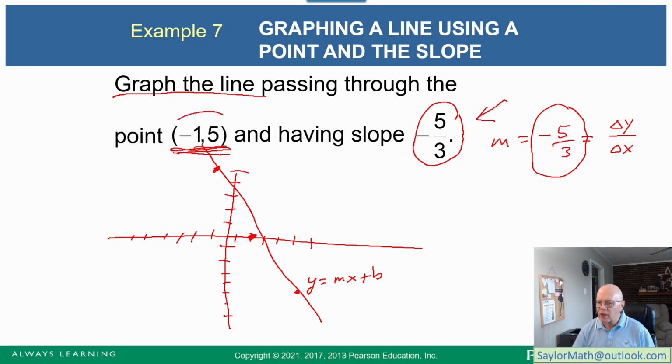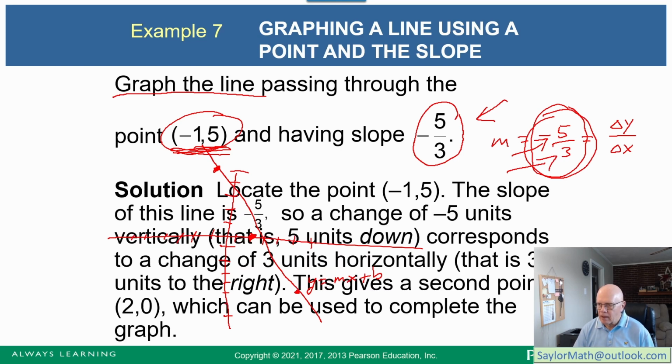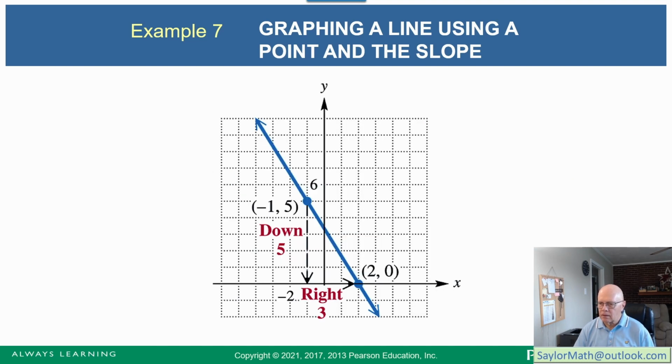Start with a point and let the slope, with a minus if it has a minus, either on the top or on the bottom, tell you how to go from that point to another point. And then if you want a third point, just do this again. Go this much in the y direction and this much in the x direction. You've got a new point.